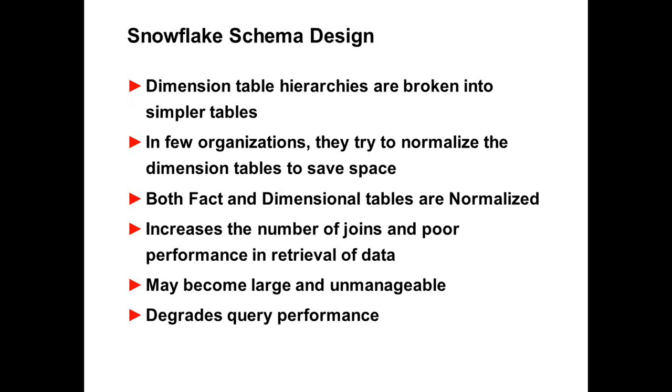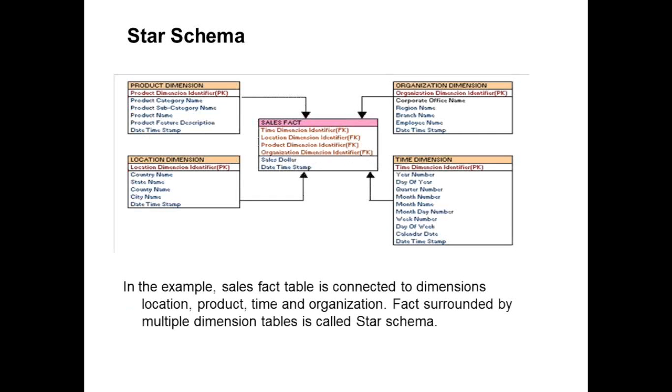Definitely. For example, a time dimension will have year information, quarterly, then monthly, weekly, daily information. In a star schema, within a single table, the time dimension will have year, quarter, month, so all information will be available in a single dimension table.